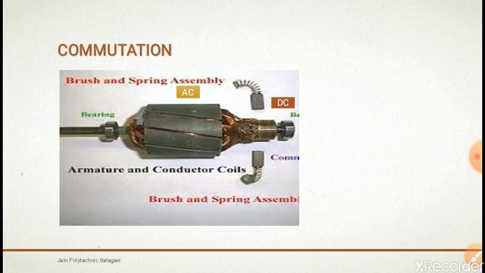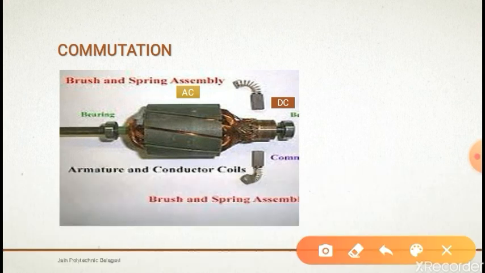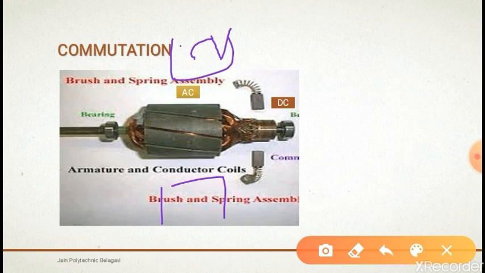So what is the meaning of commutation here? Armature conductors carry the current in one direction when they are under the influence of N pole, and that will be in the opposite direction when they are under the influence of S pole.